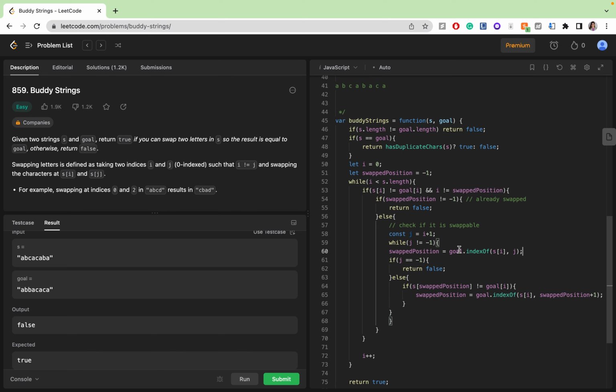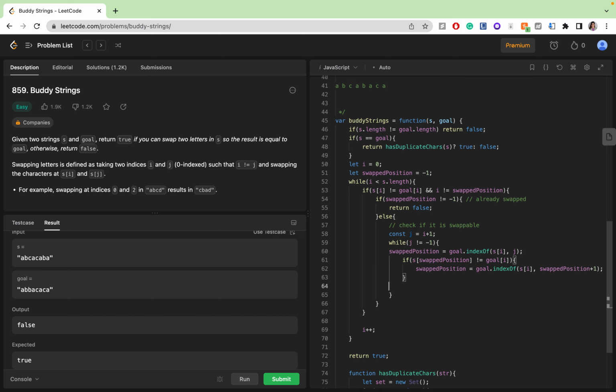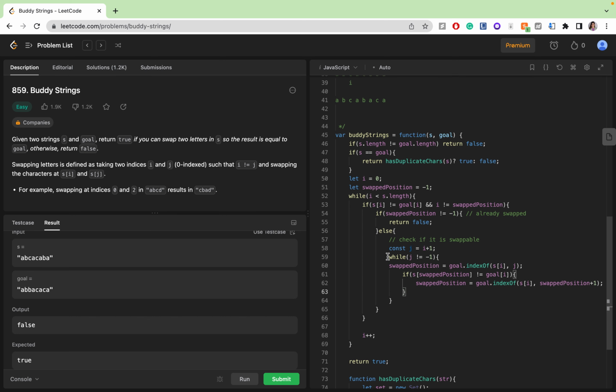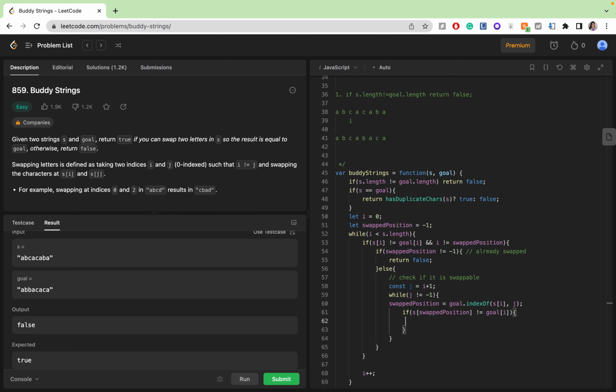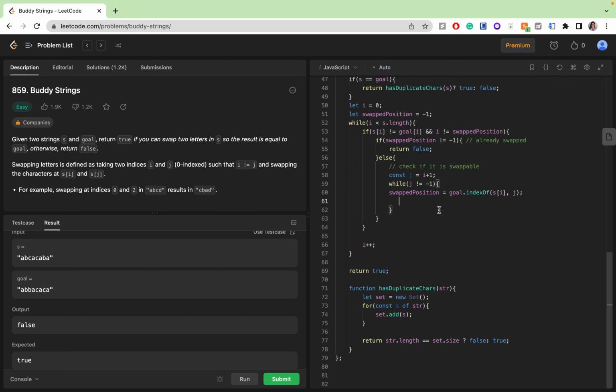And if it is not equal to goal I, then J will be equal to sort position plus 1. J is equal to swap position plus 1.